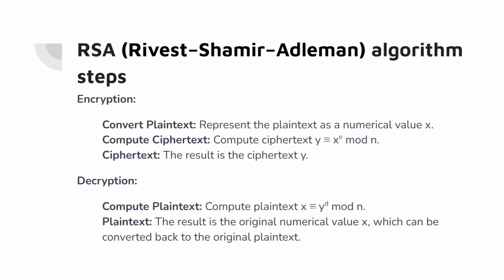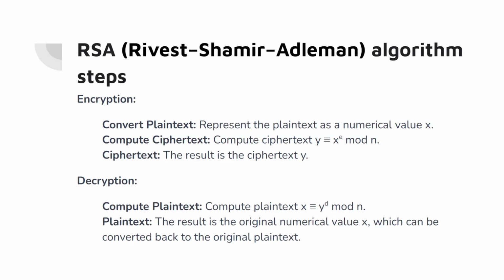To compute the ciphertext from this plain text, you just raise the plain text to the power of the public key E modulo n, and then this just gets you the ciphertext.